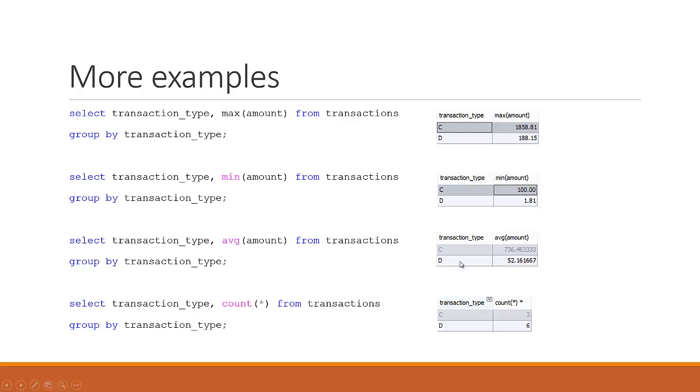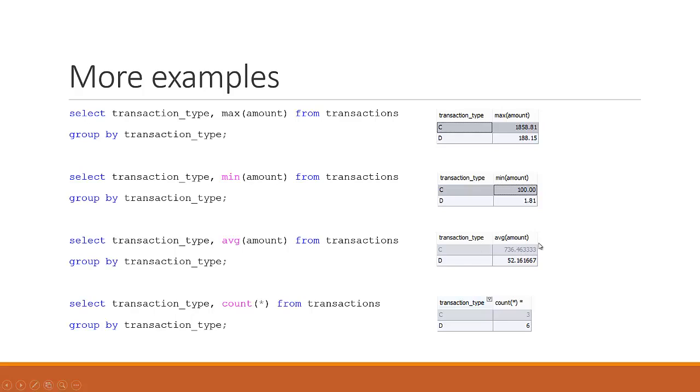All right, same thing. Let's look at the average now. So what does the average do? Well, behind the scenes it's going to take all 3 of the transactions inside the credit transaction type in our database table, add them up, and divide by however many there were. So it adds up all 3 transactions and divides by 3. The resulting amount is $736.46, with the 3 repeating, in cents.